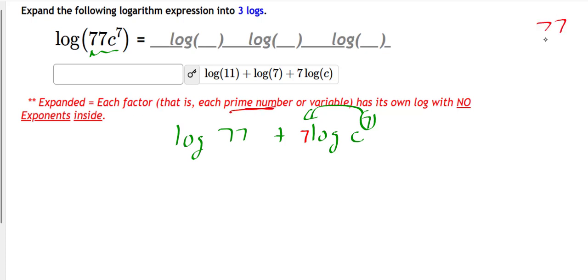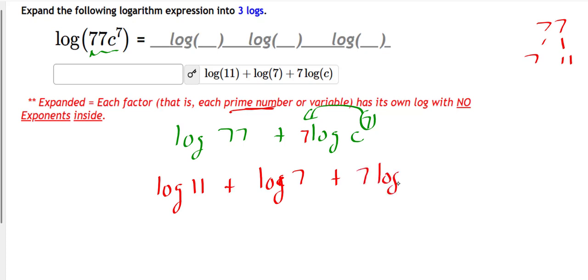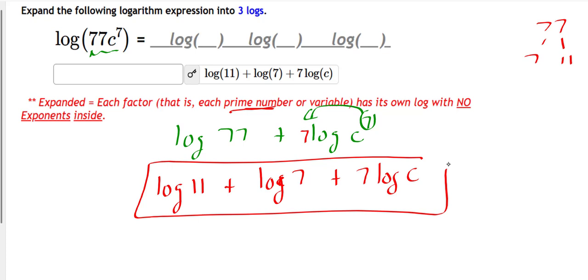So if you take 77, factor it into prime numbers, that's 7 and 11. So we're going to split this into log 11 plus log 7 plus 7 log of c. Normally you don't do that, but for this particular problem, they wanted you to.